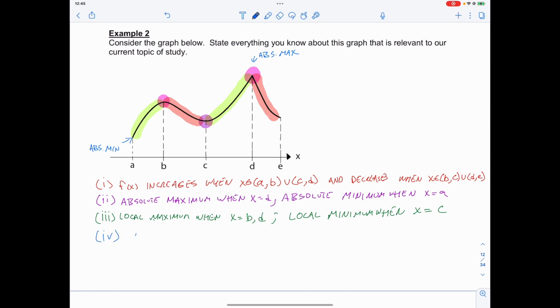And our critical numbers are going to occur when x is equal to b, c, or d.